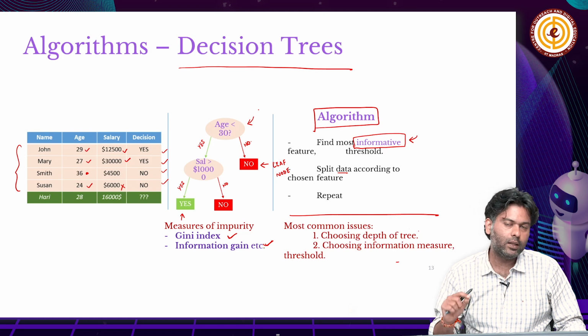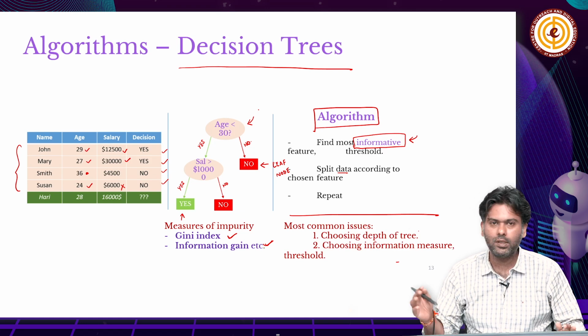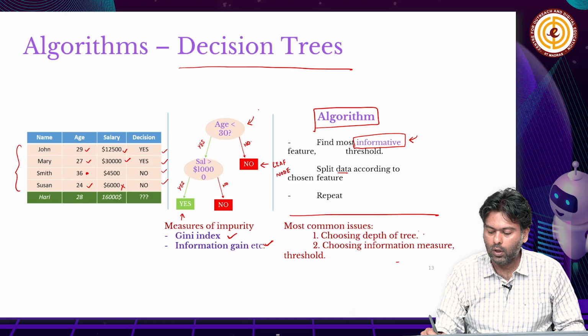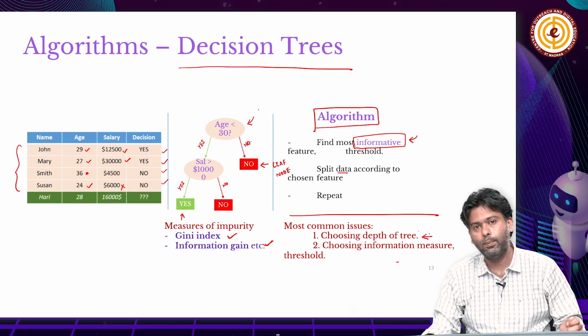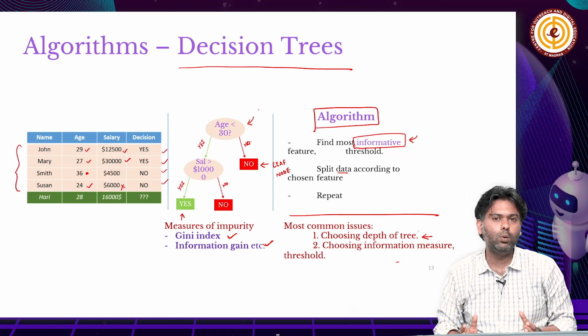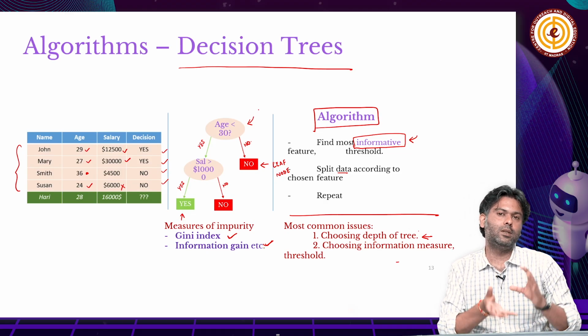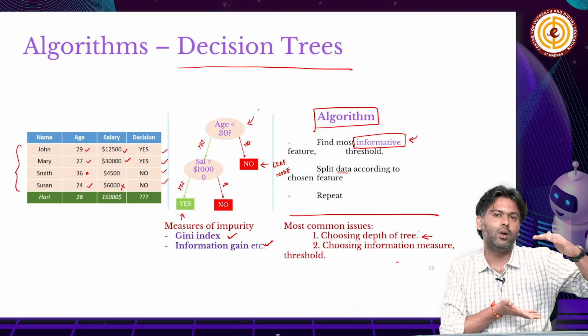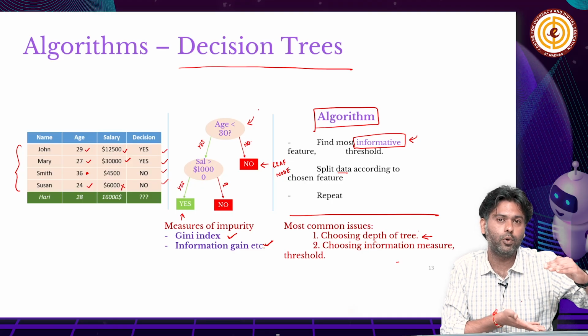Now again, there are some issues, like in k nearest neighbors, that can happen for this algorithm also. One of the issues is how do you choose the depth, right? So how many times should you split the data set? Again, if you have outliers, what might happen is the outliers might make your data set impure.